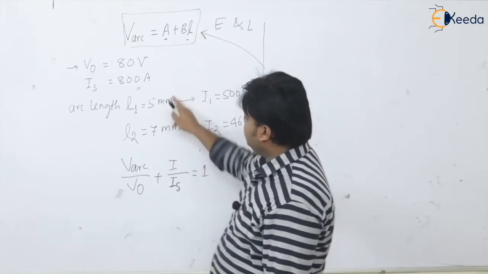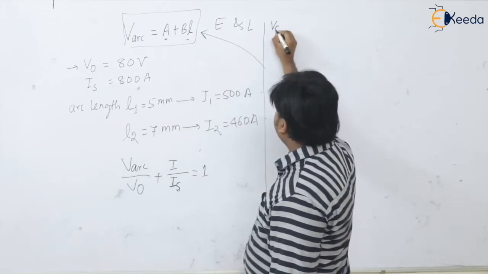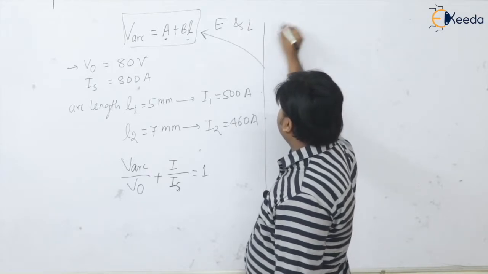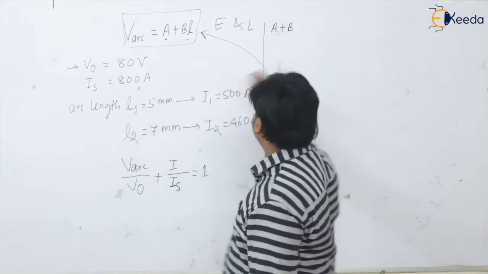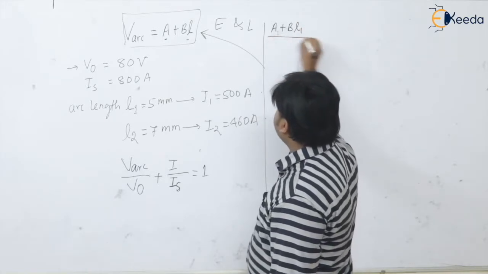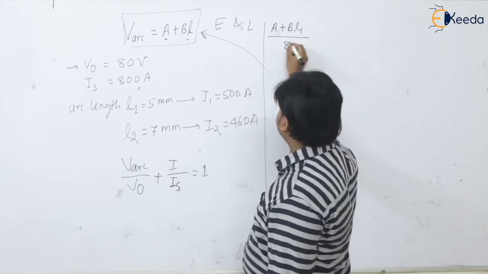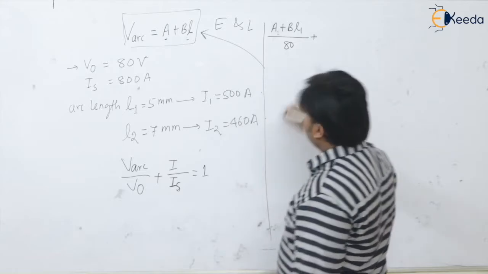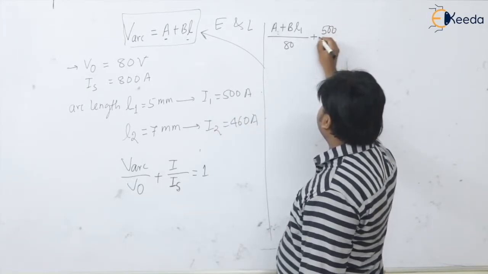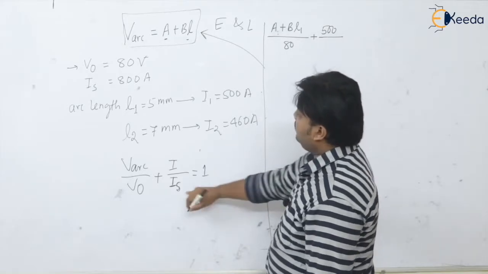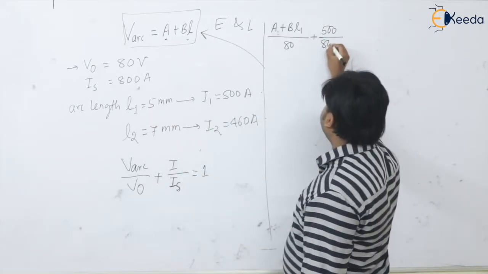Say for the first condition, we are going to find in terms of A plus B. For the first case, L will be replaced by L1, divided by V0 which is 80 volt, plus I1 which is 500 ampere, divided by short circuit current 800 ampere.